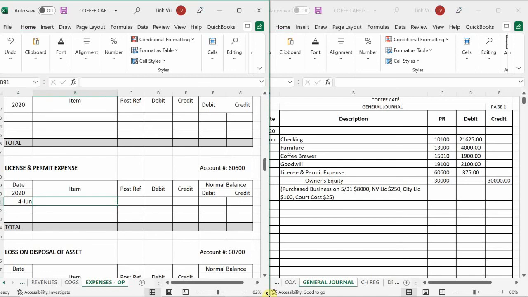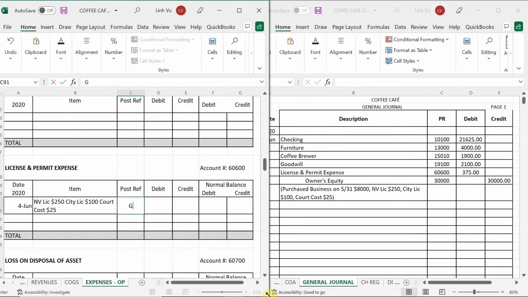So we bought a Nevada license for $250, city license for $100, and court cost $25, for $375.